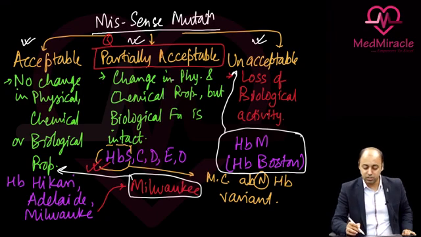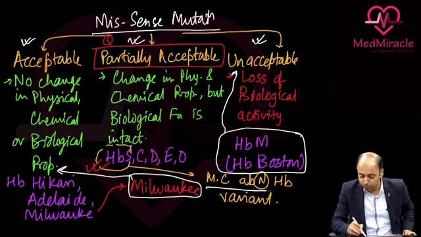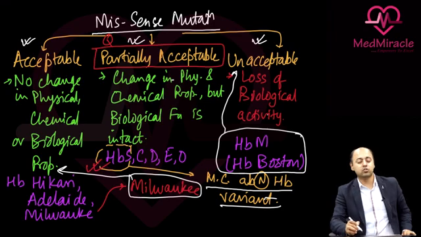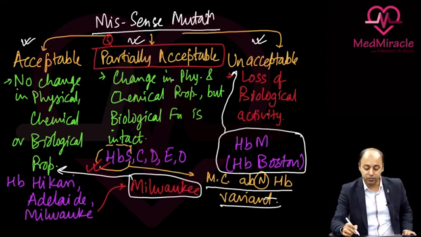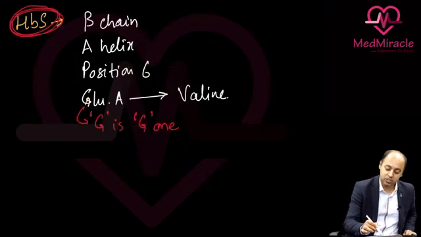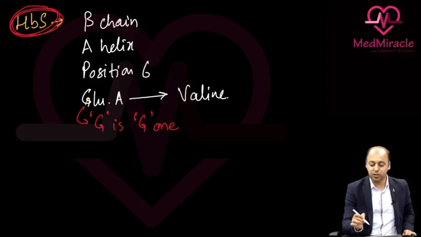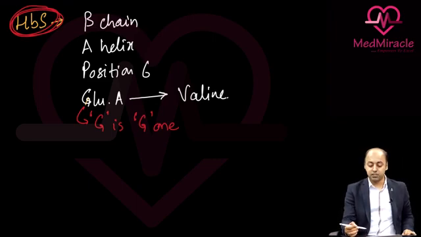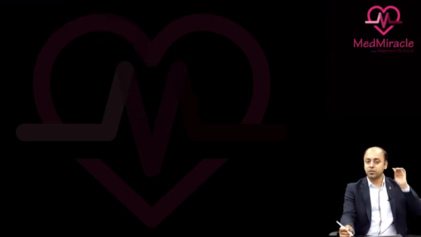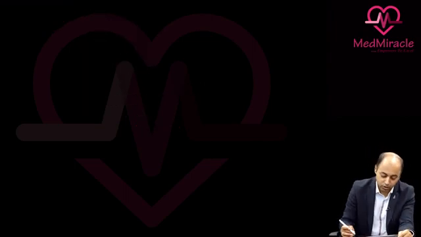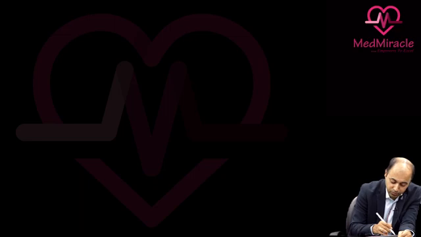Please note, HBS is the most common abnormal hemoglobin variant, whereby in the beta chain in the A helix at position 6, glutamic acid is replaced by valine. So that was the first most common type of mutation.